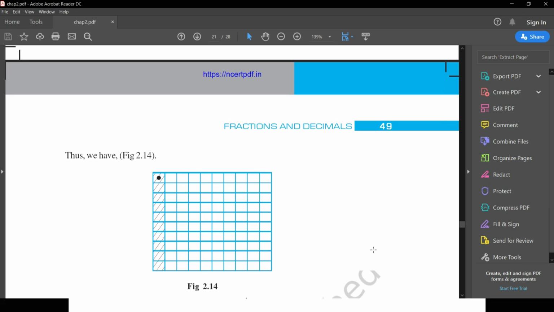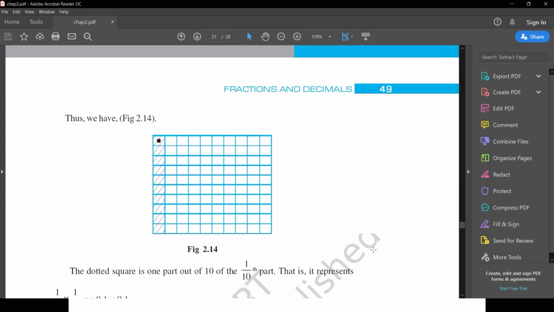Figure 2.14 is the final result of 0.1 multiplied by 0.1, that is 1 by 10 into 1 by 10. So the result will be 1 by 100. Obviously, you see in the figure that there are 100 parts: one square is divided into 100 smaller squares, and out of these the first one is shaded, so this represents 1 by 100 of the whole square.